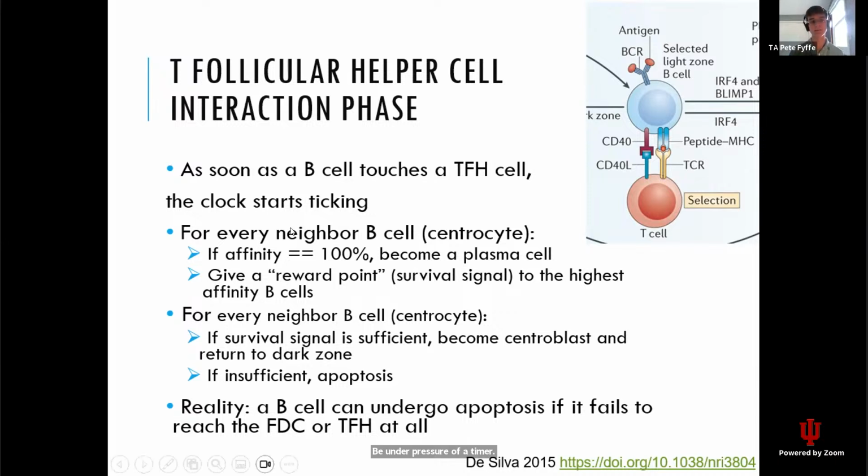If it gets a lot of points from the T cell, or survival signal that is, then it's going to be allowed to survive, and the level of survival signal that it receives is proportional to its current affinity score. If the B cell is in contact with the T cell for a long time, but doesn't receive much survival signal, then it's going to need to undergo apoptosis, and the body is a little bit ruthless.